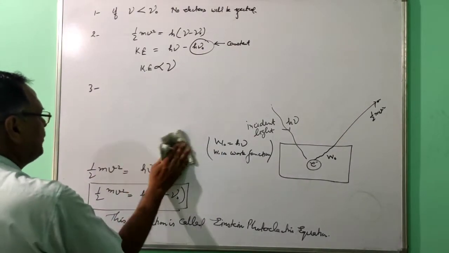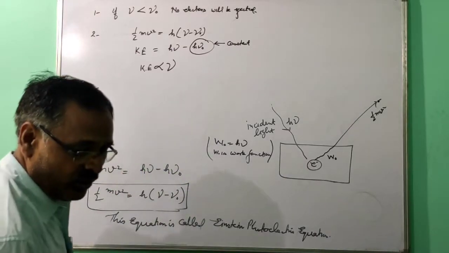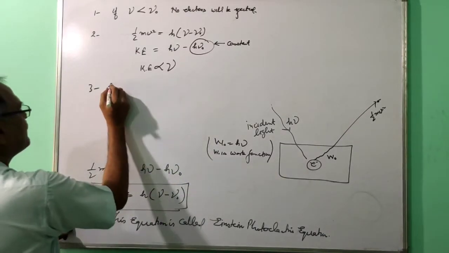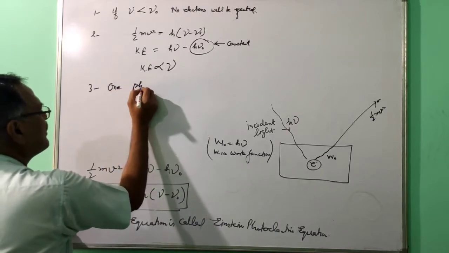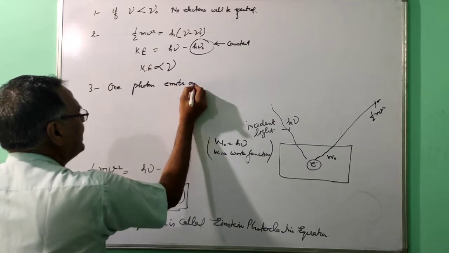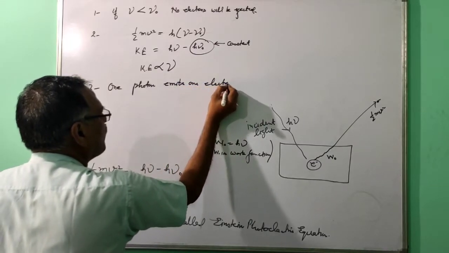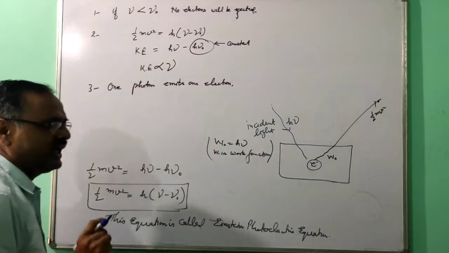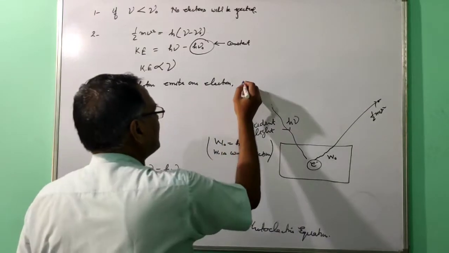So let us see how we can explain this. One photon emits one electron.